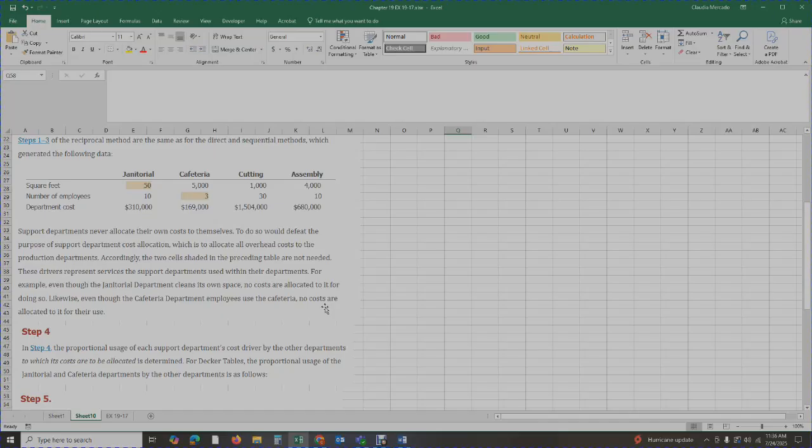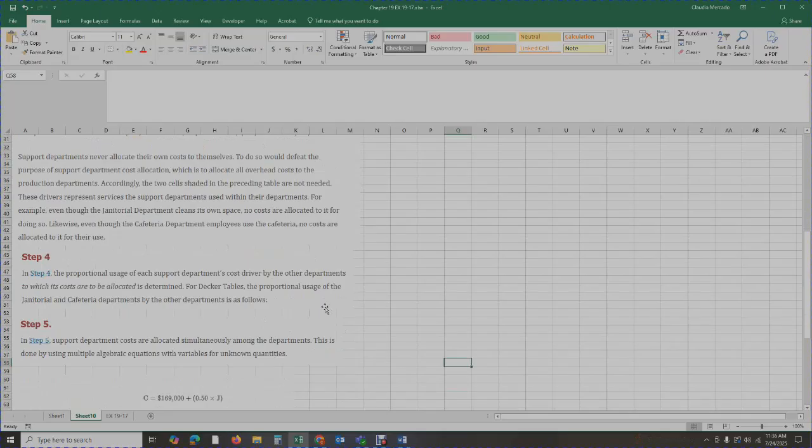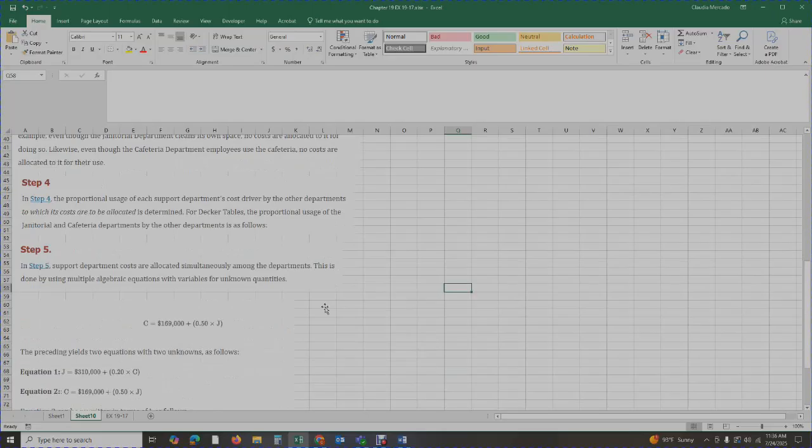Before we begin doing any of the calculations to do the allocation, we need to allocate the other costs to our department, get the total, and then from there reallocate, okay? So in step 4, the proportional usage of each support department's cost driver by other departments to which its costs are to be allocated is determined. And then in step 5, the support department costs are allocated simultaneously among the departments.